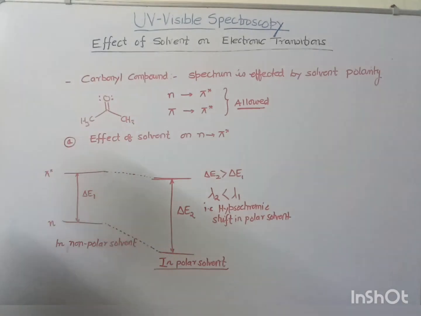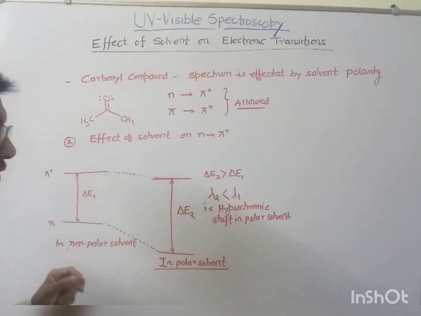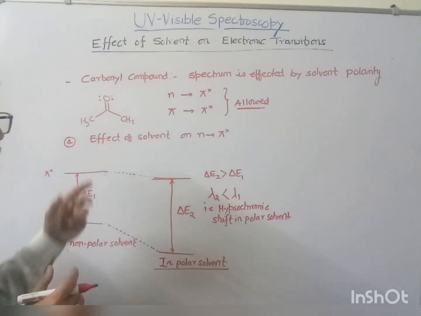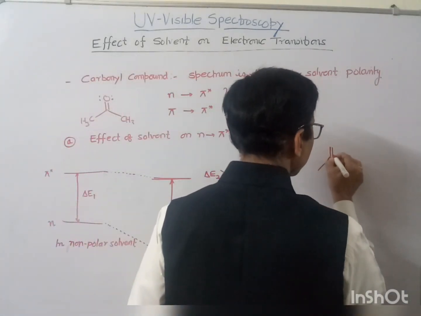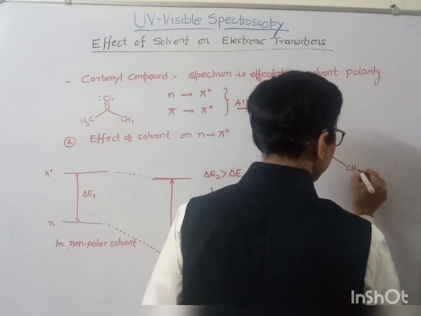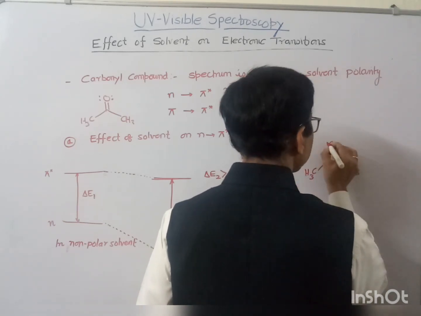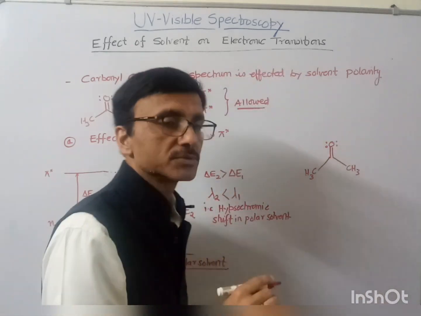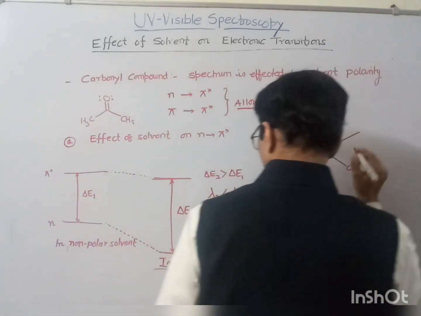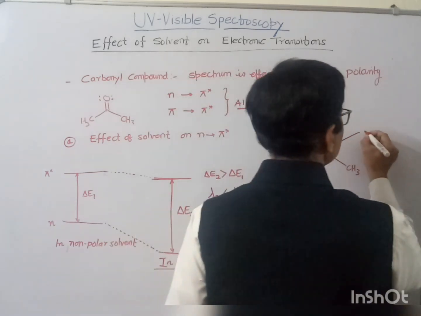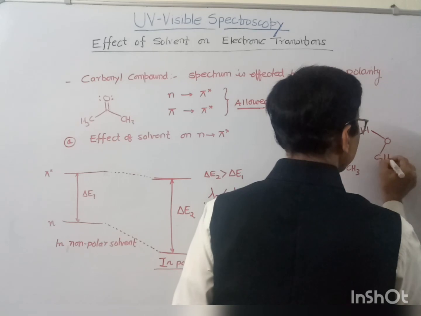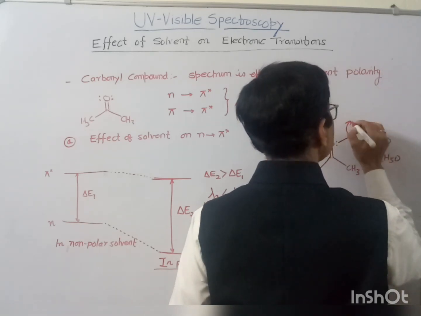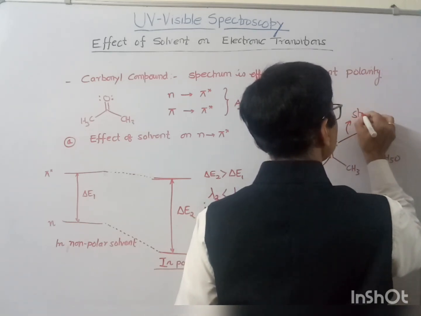The reason is that the non-bonding electron forms a strong hydrogen bonding. Suppose we have acetone. The non-bonding electrons of this acetone form a strong hydrogen bonding with a polar solvent, for example ethanol.